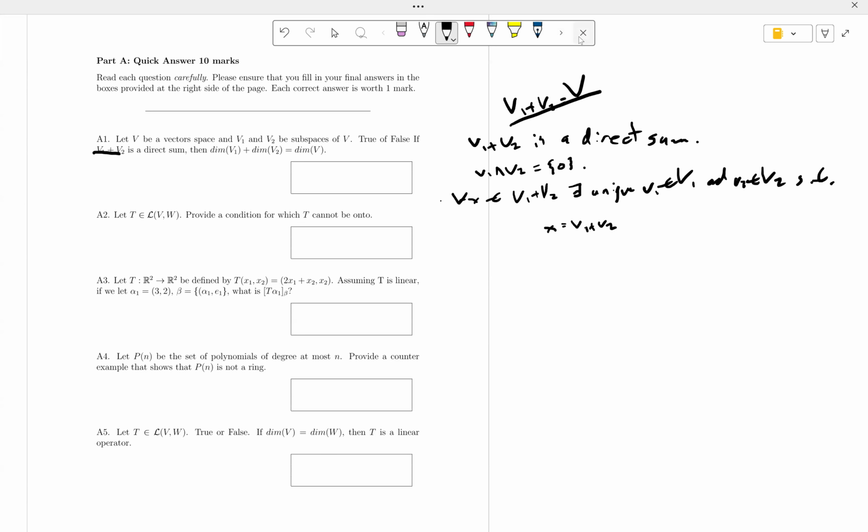Whatever W is, if I have W equals V1 plus V2, then dim V1 plus dim V2 equals dim W. But at no point have I told you that V1 plus V2 equals V. So this is false, because it's not always true.